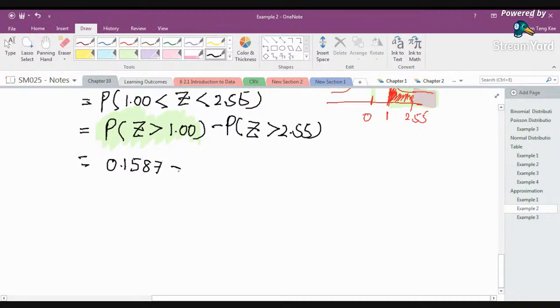Minus, for the case of z greater than 2.55, from the statistical table, we get 0.00539. And when we subtract, we get about 0.1533 if we correct to 4 decimal places.